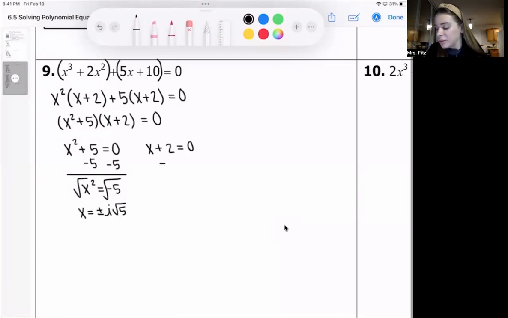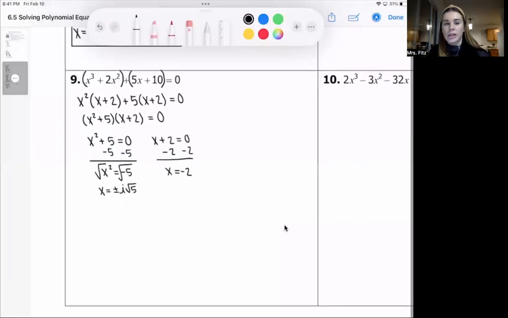And then next, just subtract 2, and we get our next answer of x equals negative 2. So notice we just solved a cubic and we ended up with 3 solutions. So we have i root 5, negative i root 5, and negative 2.